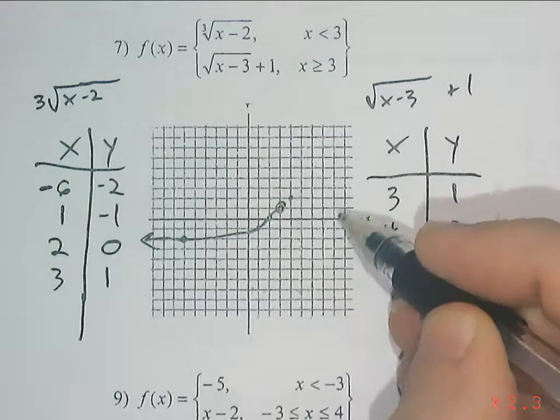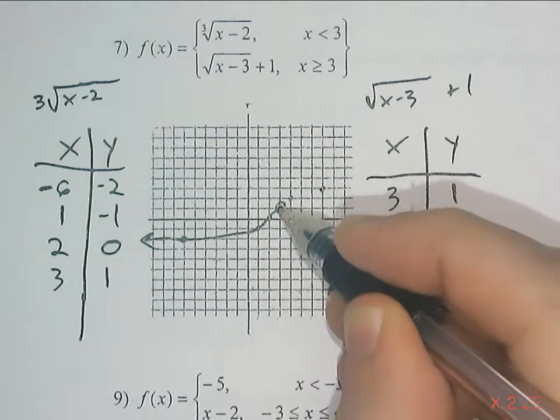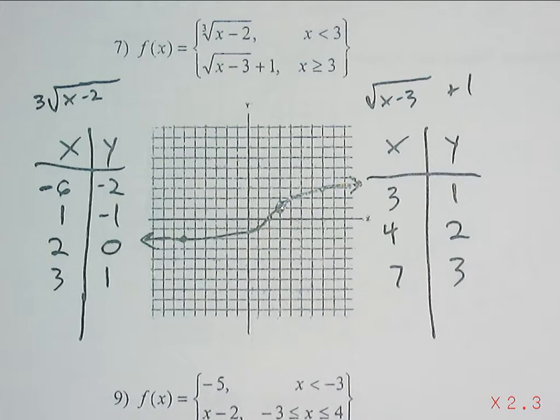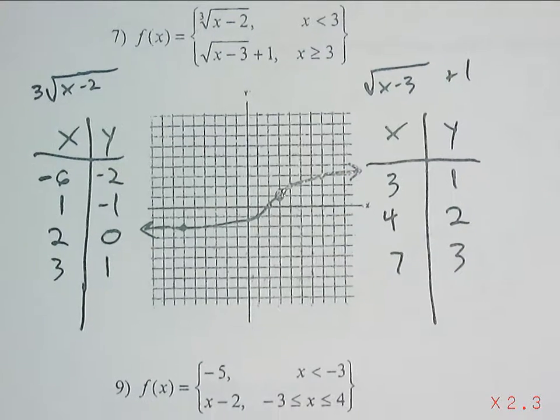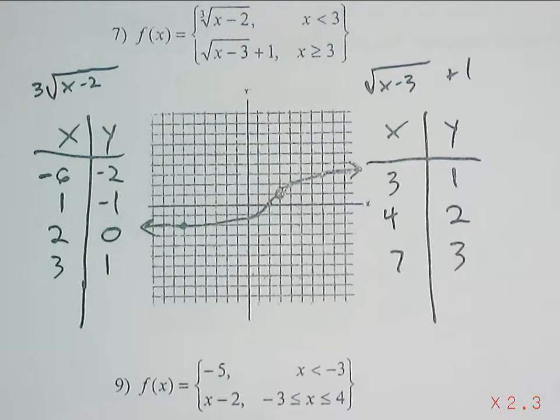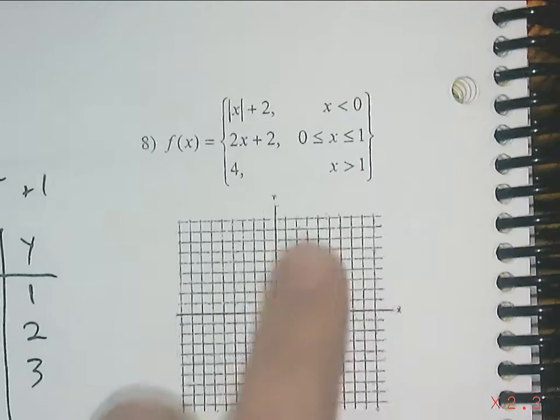And then 7, 3. It's really not that different from what it would normally be. I'm going to do another one because I didn't do that beforehand, and it just basically looks like a cube root function.